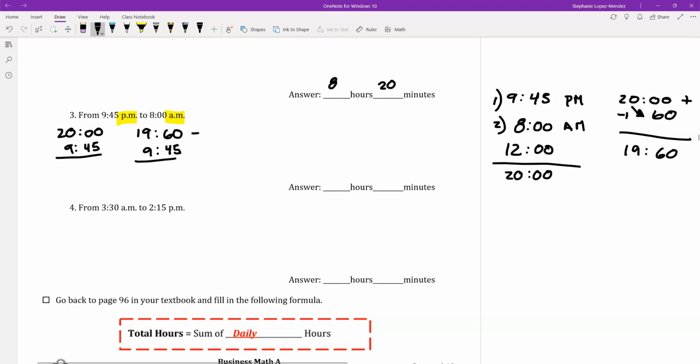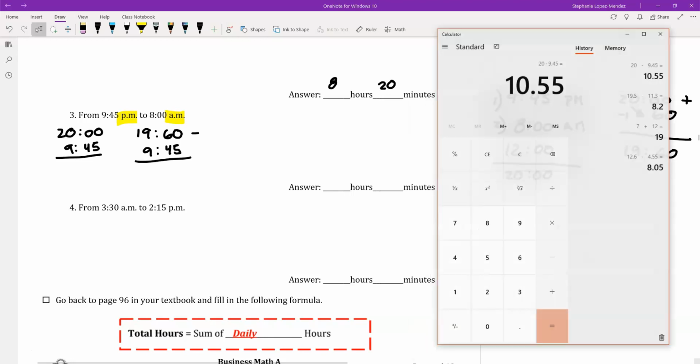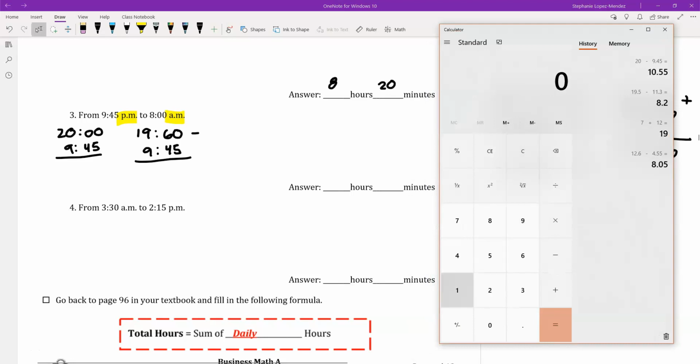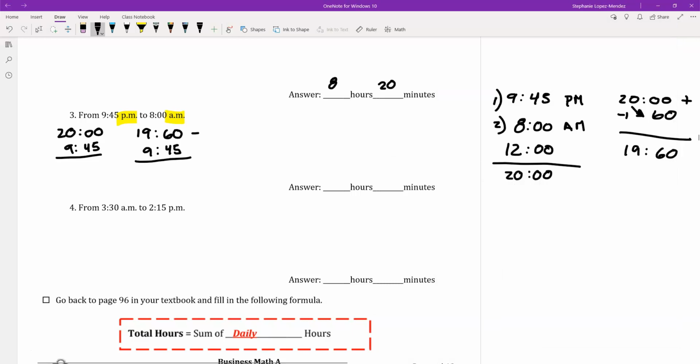I check again. 19 is still greater than 9, and 60 is greater than 45. If I go to my calculator, we have 19.60 minus 9.45. That gives me a total of 10.15. 10 hours and 15 minutes. We rewrite that here, 10 hours and 15 minutes.